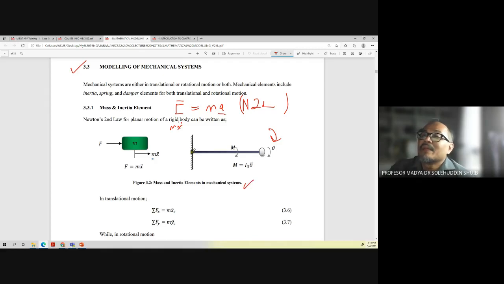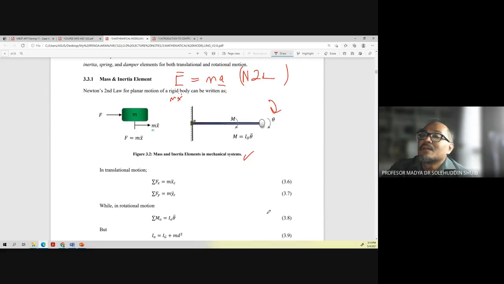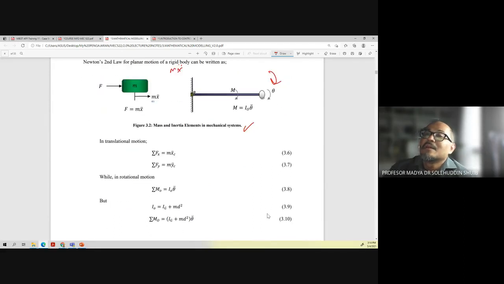You still recall we have translation and rotation. Translation is from point A to point B in a straight line.